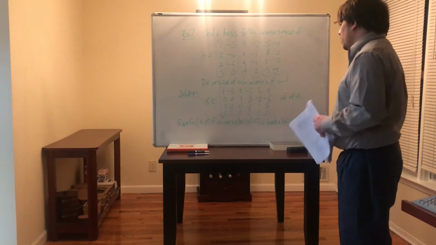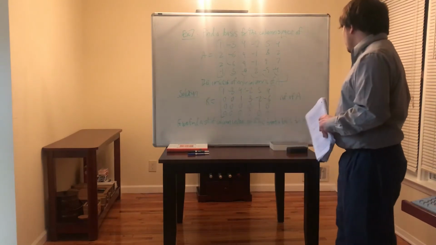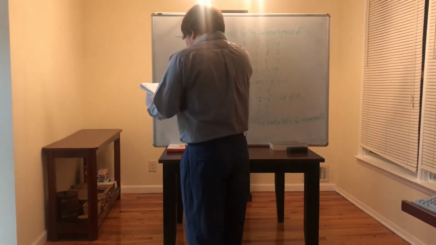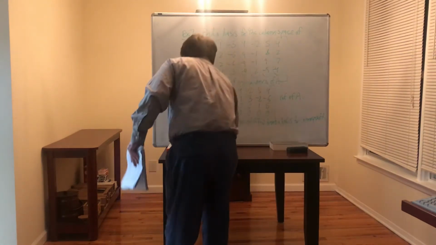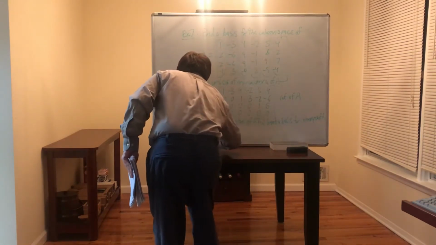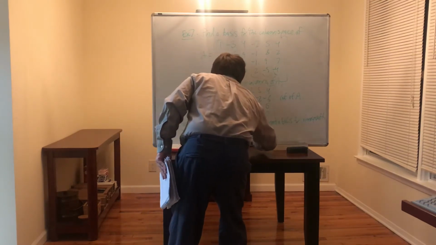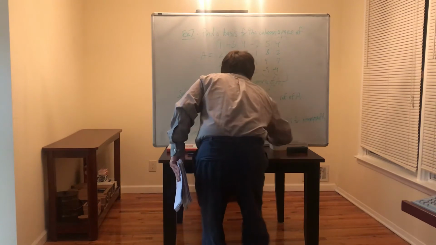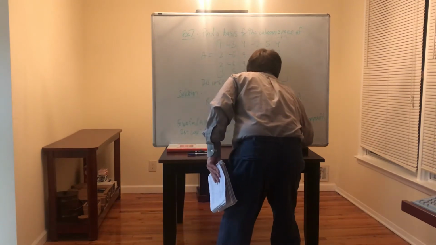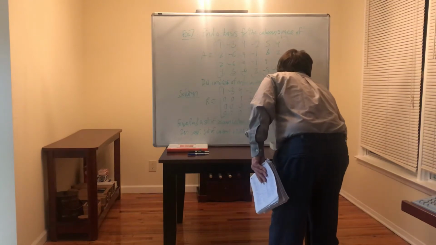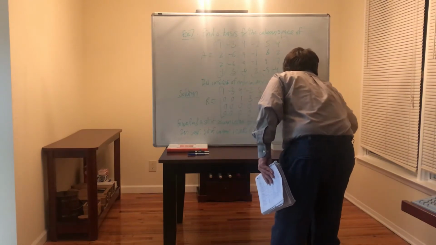So if we find a set of column vectors of this matrix R that forms the basis for the column space of R, then the corresponding set of column vectors of A forms a basis for the column space of A.